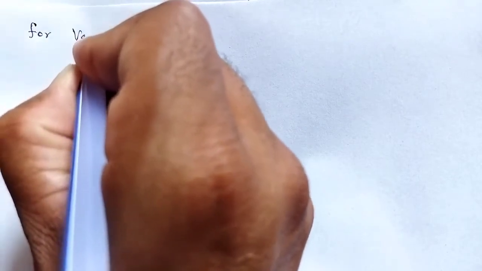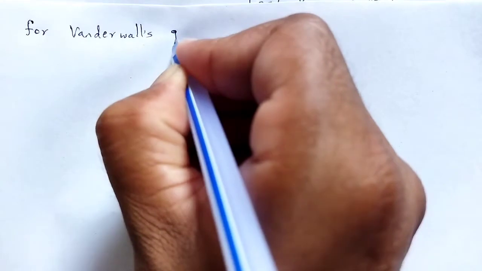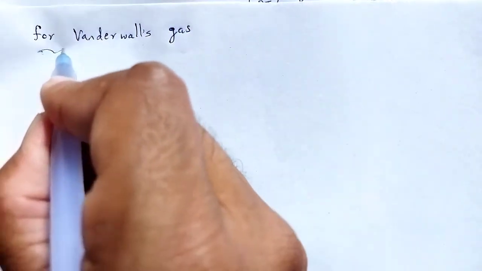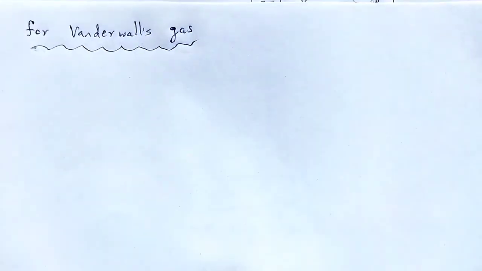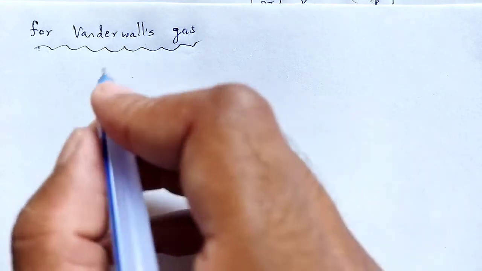Next, for van der Waals gas, we take Cp minus Cv. For van der Waals gas, we have to calculate the result of Cp minus Cv. Again, we have to consider 1 mole of van der Waals gas.